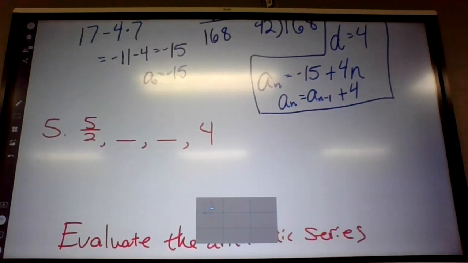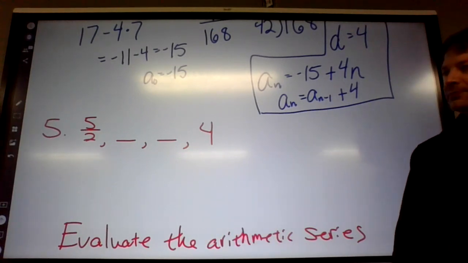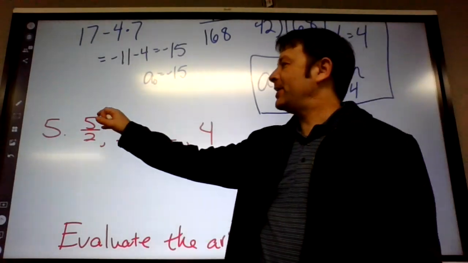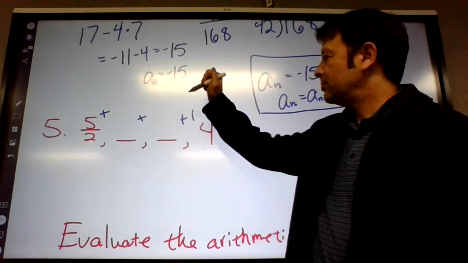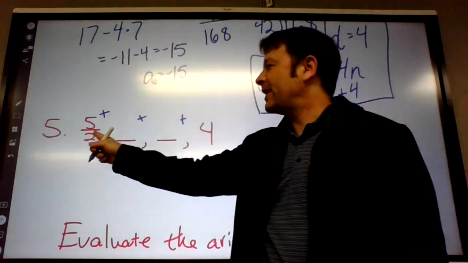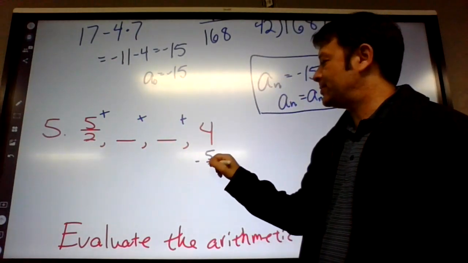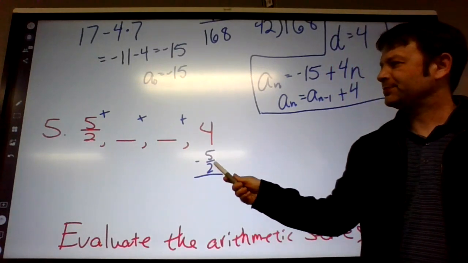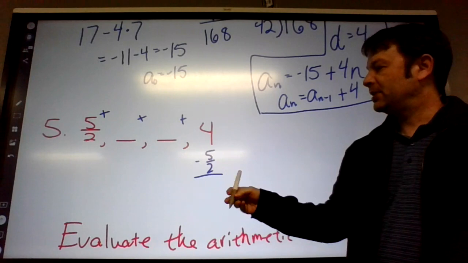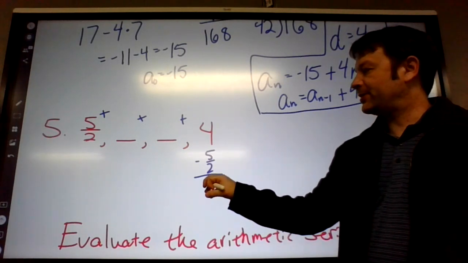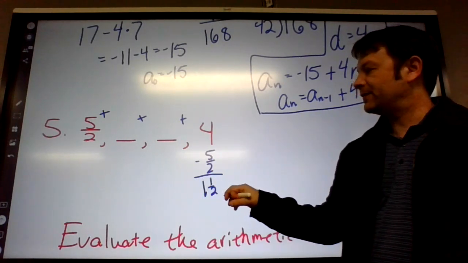Okay, number 5 is fill in the blanks. Kind of like the last problem. So how can I find out what the common difference is here? Find the difference. What's 5 over 2 as a mixed number? 5 divided by 2 is 2.5, so 4 minus 2.5 is like 1.5.